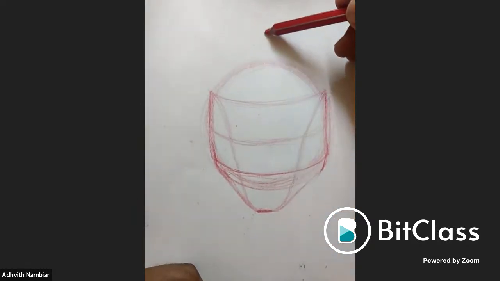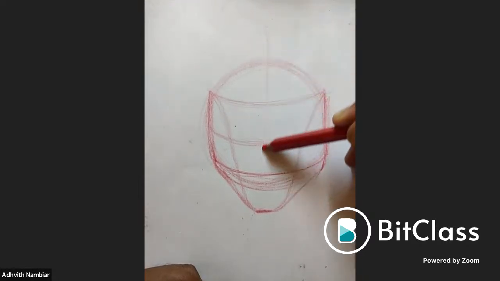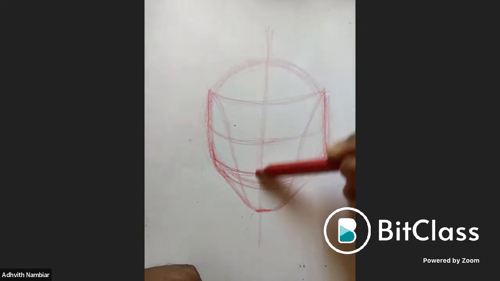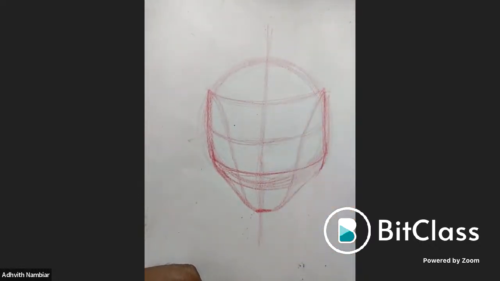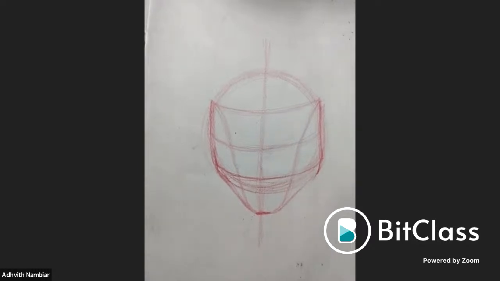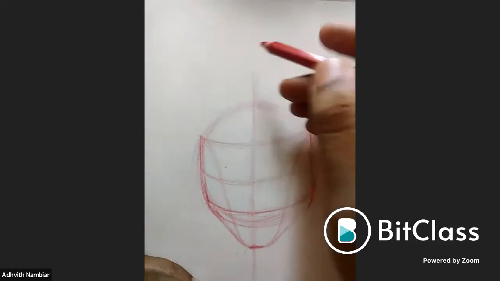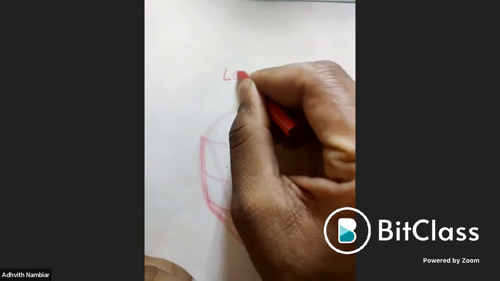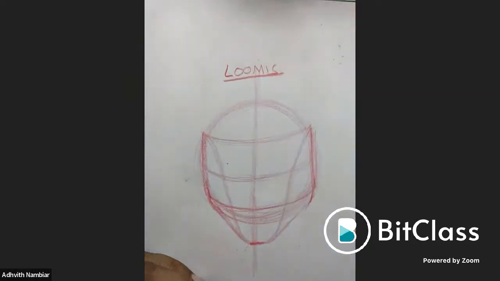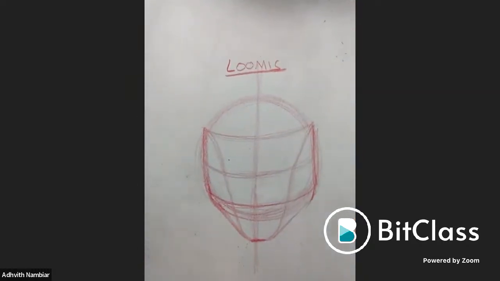And then just divide the face right in the middle, top to bottom, like that, so that we know what the center of the face is, right? Okay, and this method is called the Loomis method.